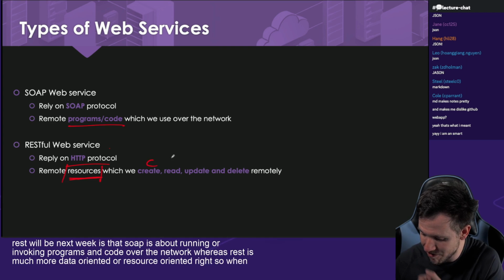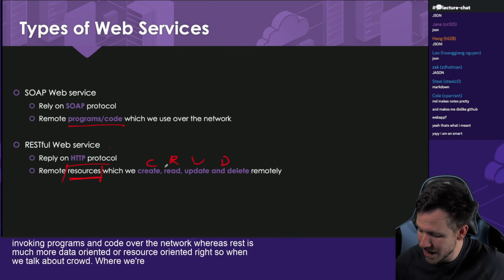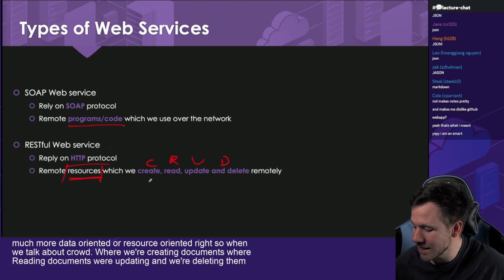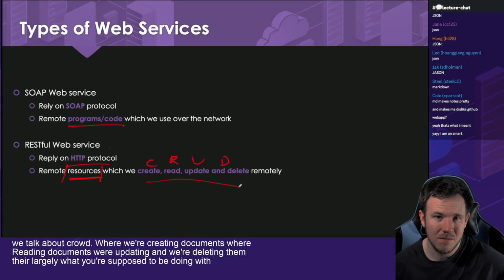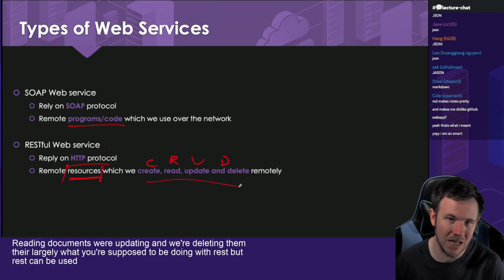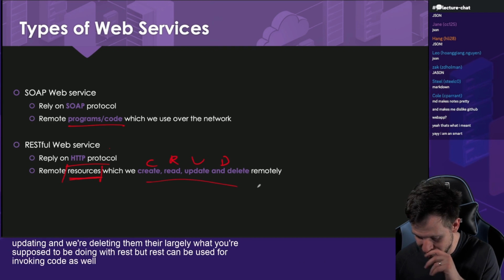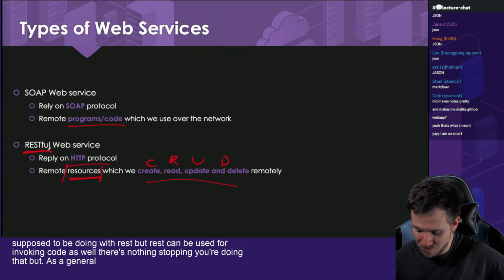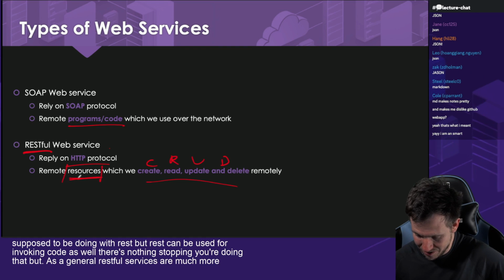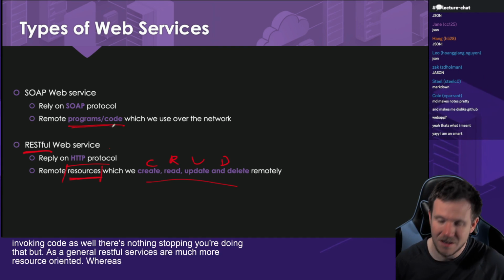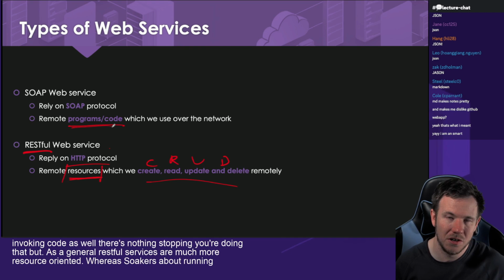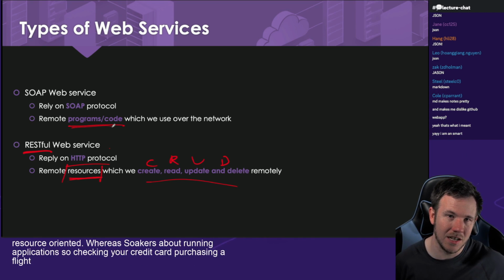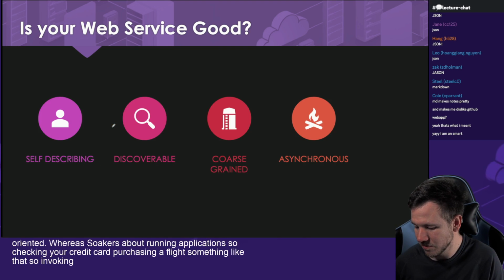So when we talk about CRUD, where we're creating documents, reading them, updating them, deleting them, that's largely what you're supposed to be doing with REST, but REST can be used for invoking code as well. There's nothing stopping you doing that, but as a general rule, RESTful services are much more resource oriented, whereas SOAP is about running applications, so checking a credit card, purchasing a flight, something like that. So invoking code.